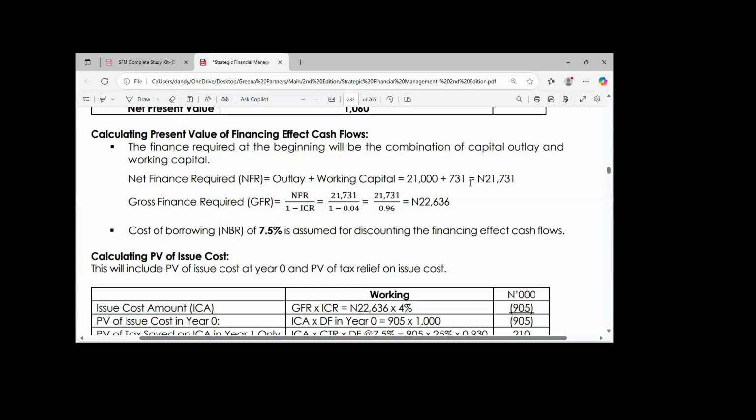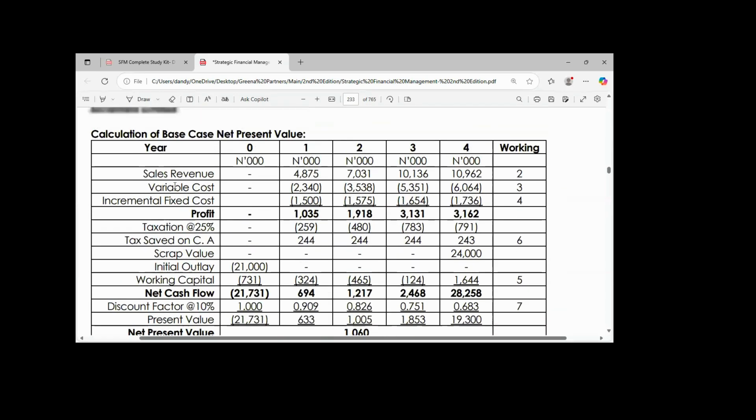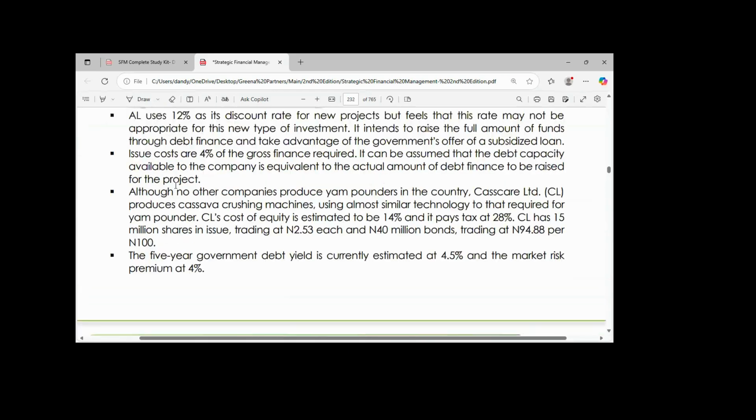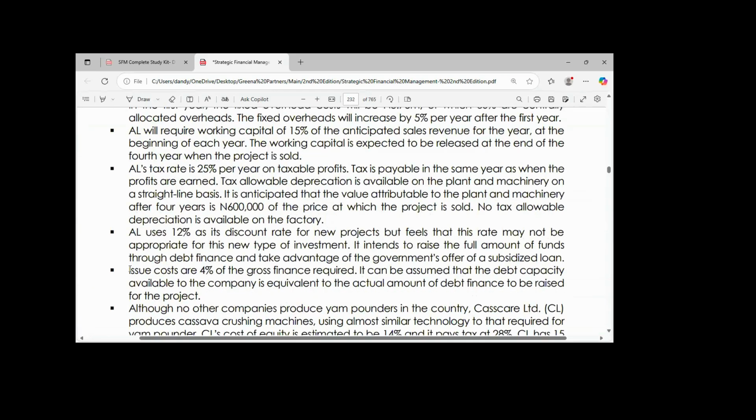To get the gross finance required, it is the net finance required divided by 1 minus the issue cost rate. I need to go back to the question to identify information on issue cost. According to the question, issue costs are 4% of the gross finance required.